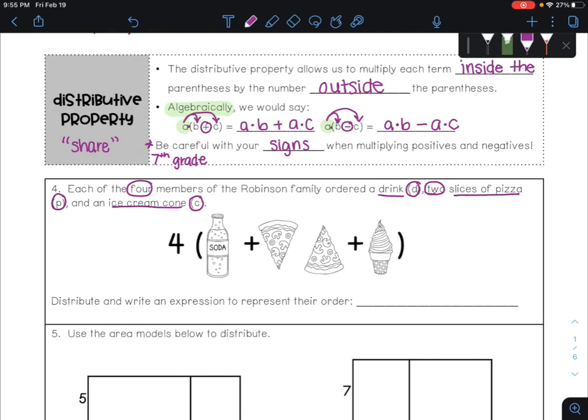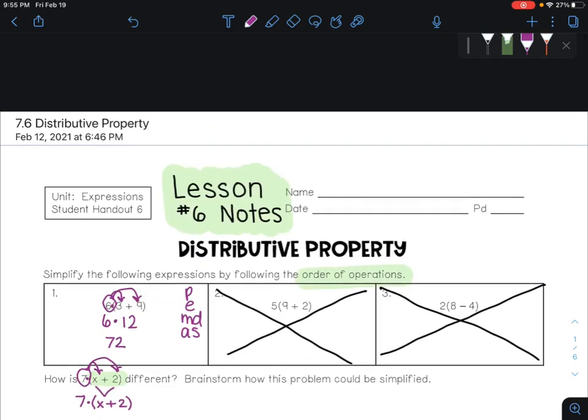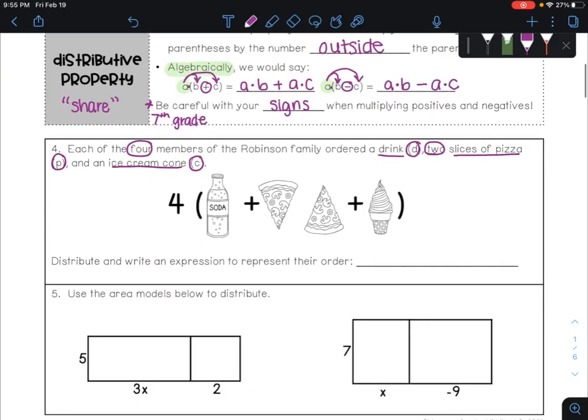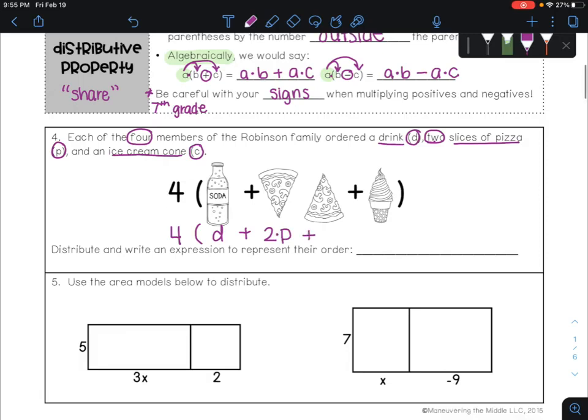So translating that picture to math, it's 4 parentheses, and instead of the soda, the letter D, plus, and now there's 2 of these pizzas. So I'm going to say 2P, or 2 times P if you want to write the dot, plus C for that ice cream cone. And all of those variables just came from the problem.